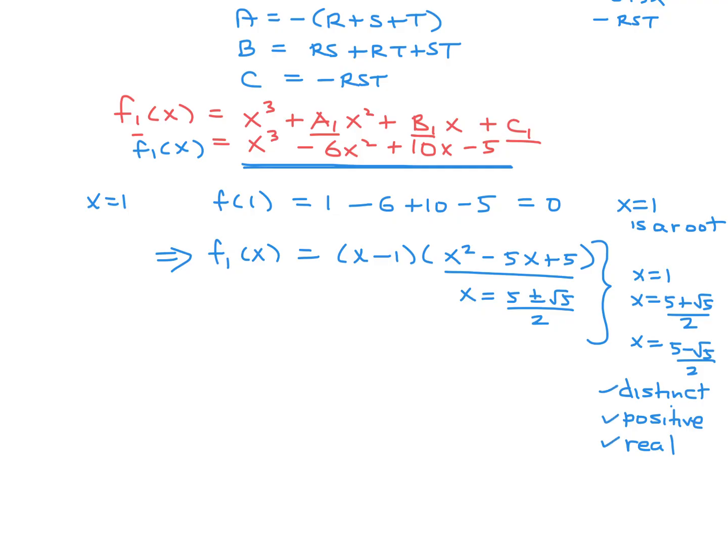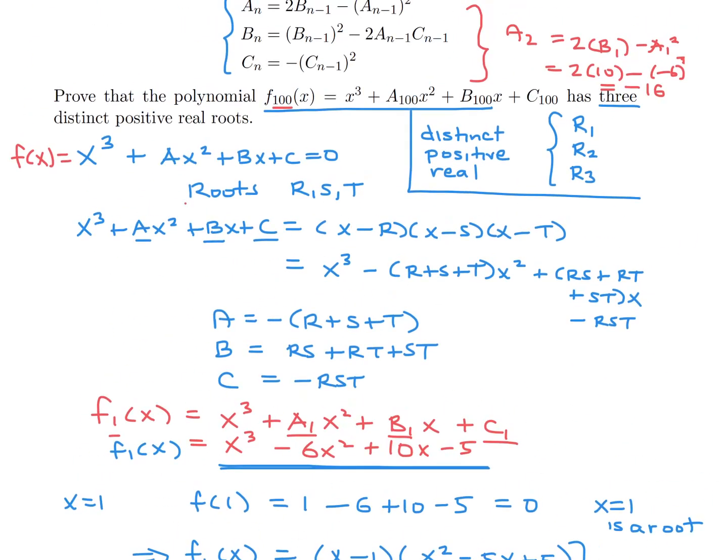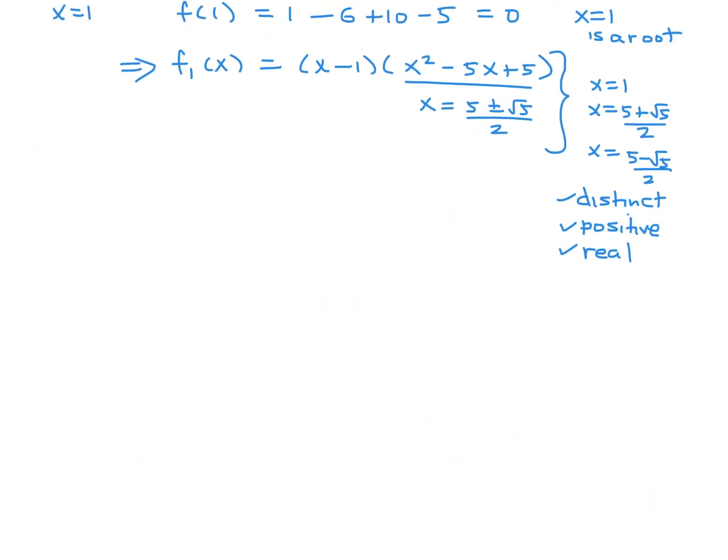And I'll refer to these as R, S, and T. I think I put it up there. So this will be my R, this will be my S, and this will be my T. Okay.